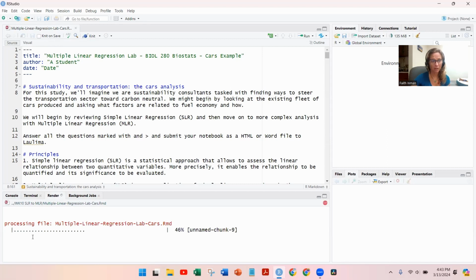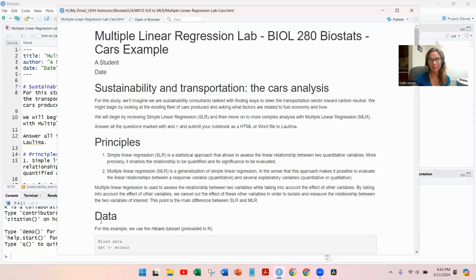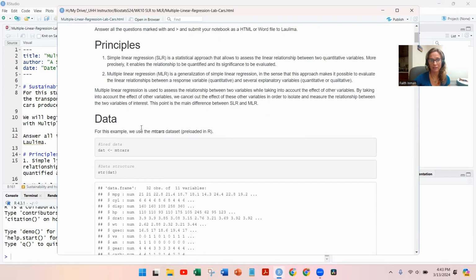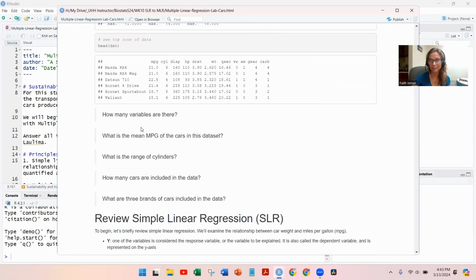Just wait a moment while it's processing the file. And it opens up as an HTML, just like this. It automatically runs all the code, and it just shows you each place where you're supposed to answer a question.